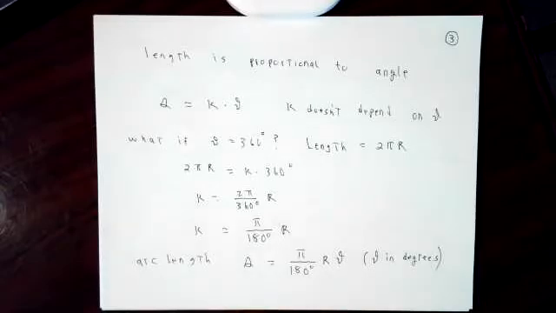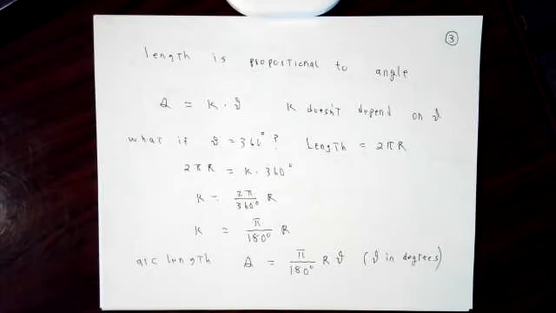By which I mean the length is some number, which I'm going to call k, times the angle, and k doesn't depend on the angle itself. If you think about having a full circle, if you go all the way around, you will have 360 degrees for the theta. Also, the length completely around a circle is 2 pi times its radius.